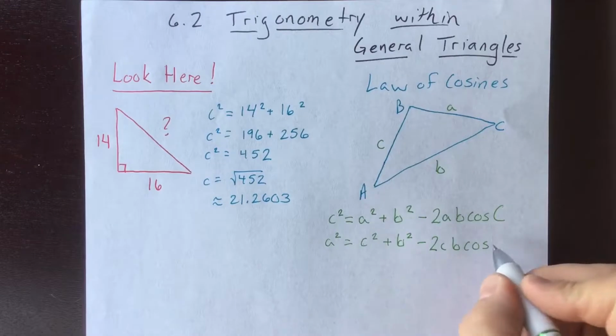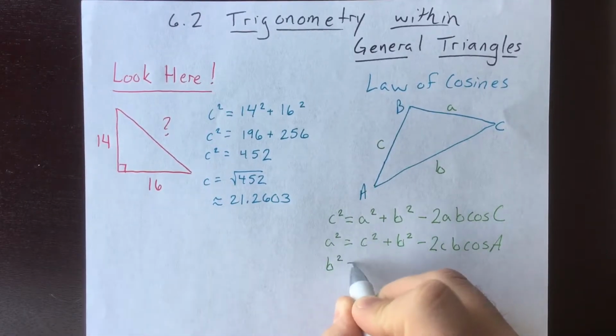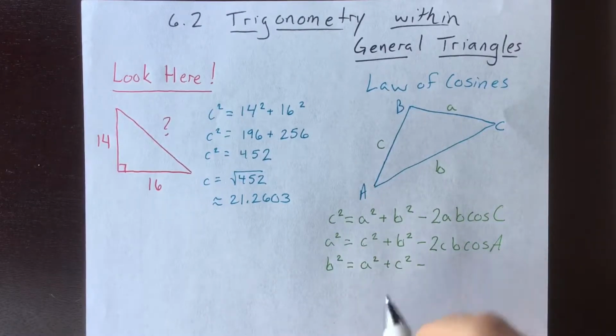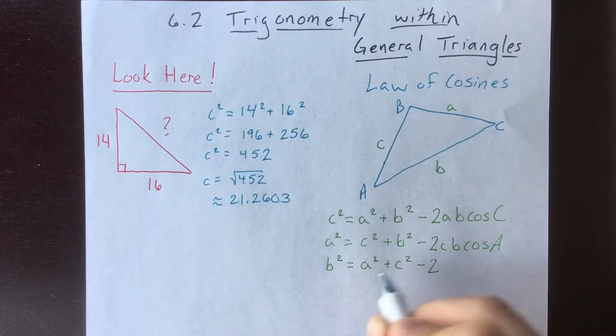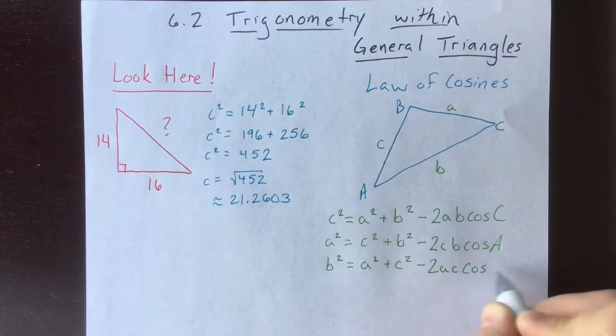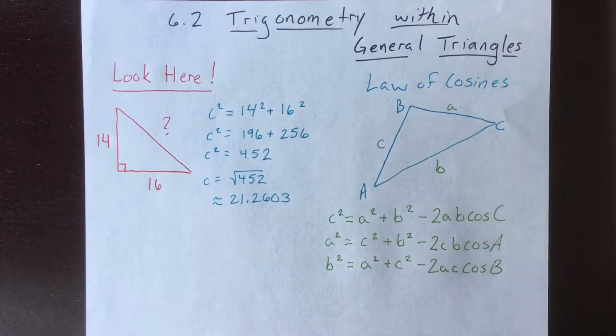If I'm finding length A, we should be taking the cosine of A. And then length B would be A squared plus C squared minus 2 multiplied by AC cosine of angle B. And this is the law of cosines.